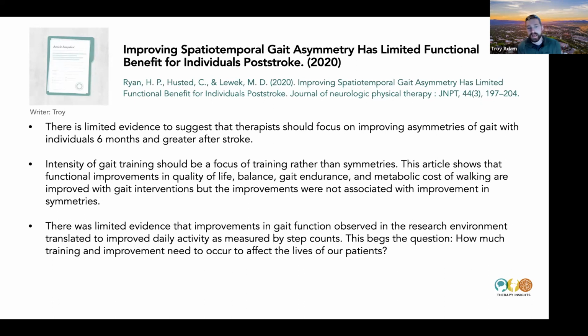And when they did try to train these asymmetries, they put them on 18 different sessions on a split track treadmill that can help to modify gait and stance times, because the treadmill track is moving at different speeds.